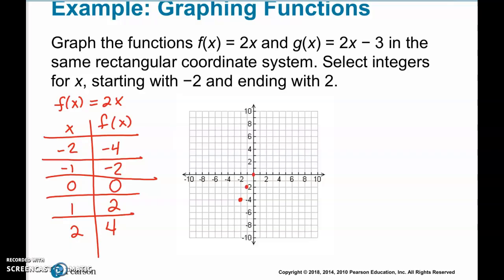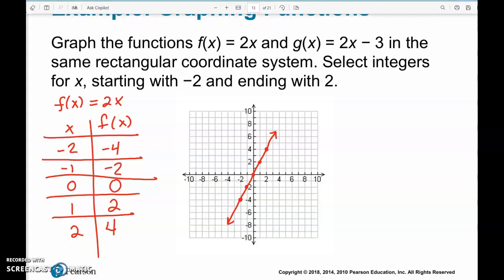I have 0, 0, 1 horizontally up 2, and 2 horizontally up 4. And I end up with this. And then I would take a straight edge and I would draw a line connecting all those points. So it looks something like this.